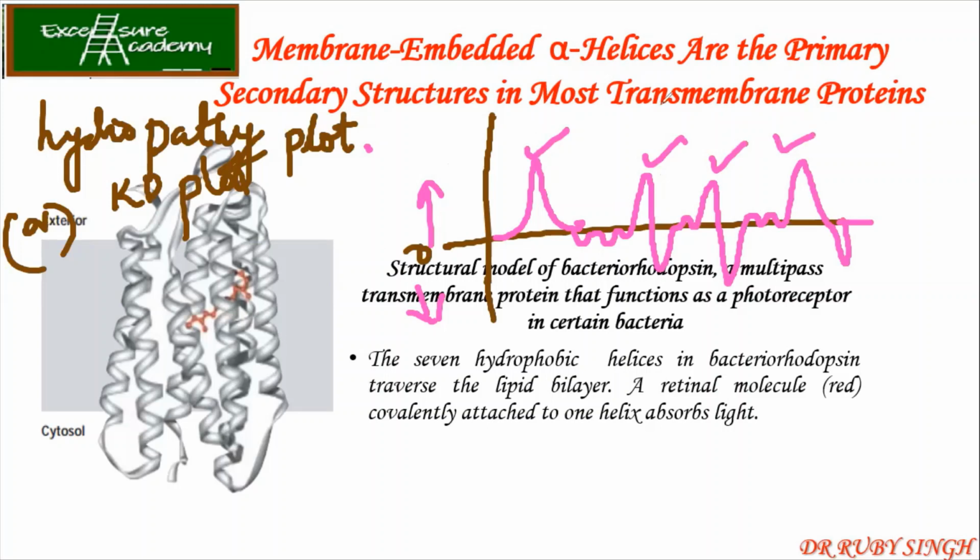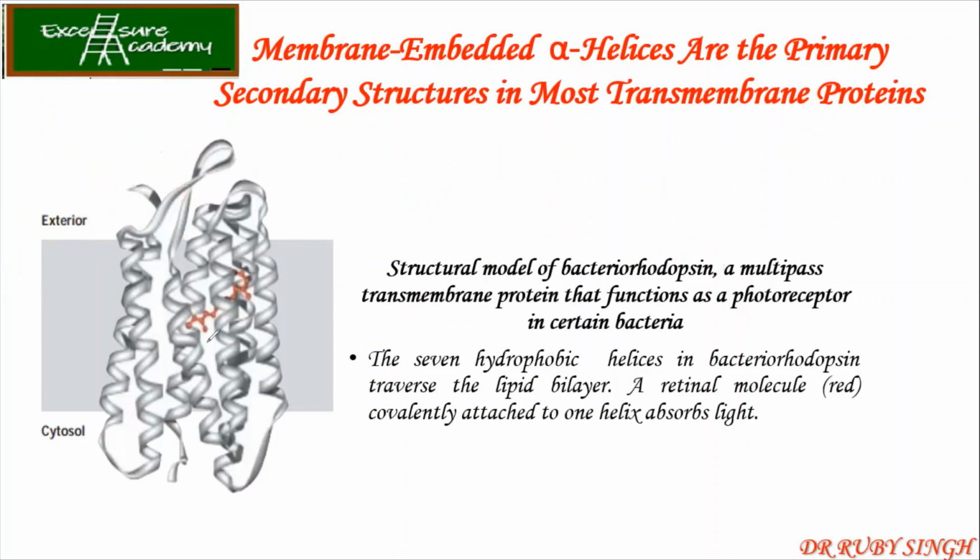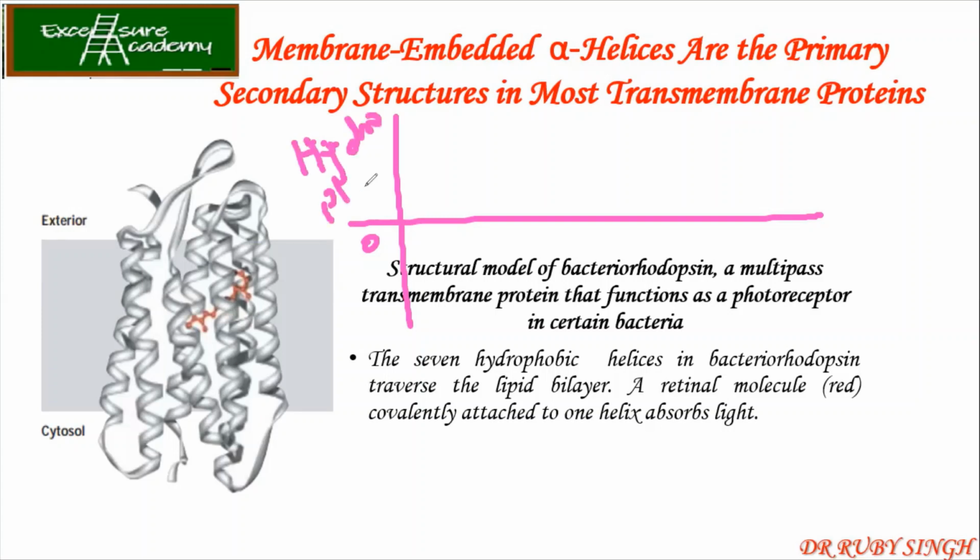Okay, let's take bacteriorhodopsin as the example. Now in the hydropathy plot, this is 0. This portion will tell you the hydrophobic core, and this will tell you the hydrophilic nature of your protein.